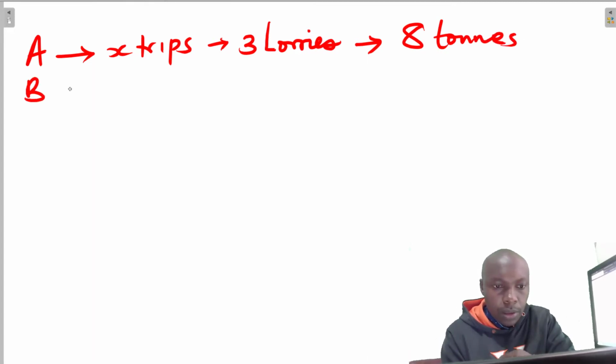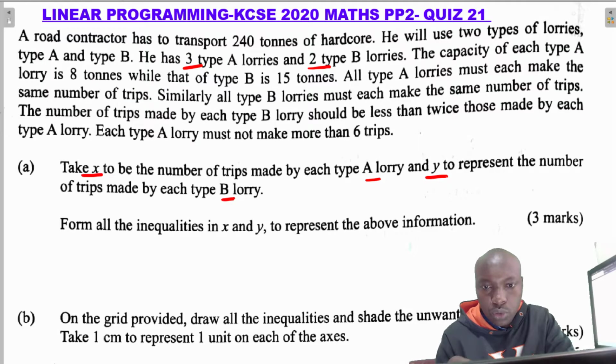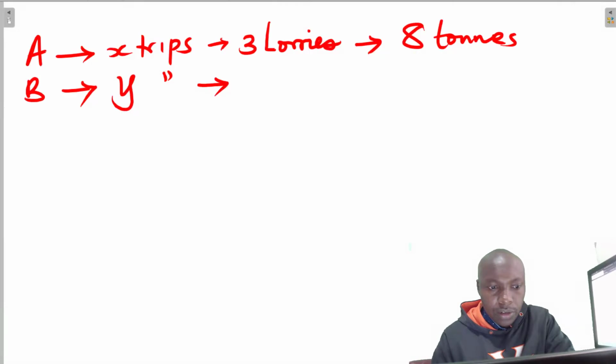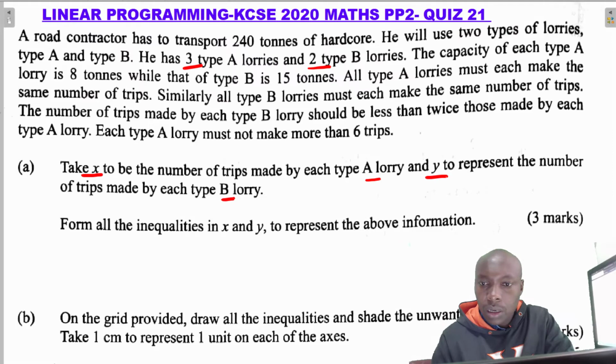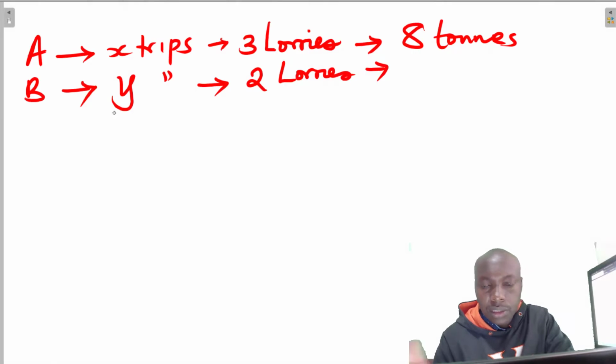Then type B will cover Y trips. How many lorries are there for type B? There are 2 type B lorries, and each one of them is supposed to carry 15 tons.